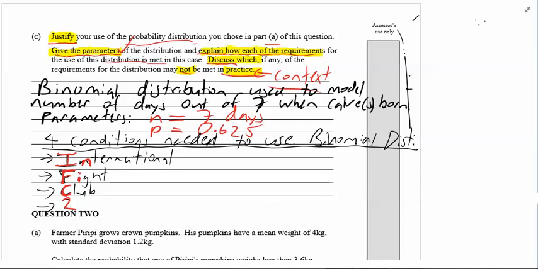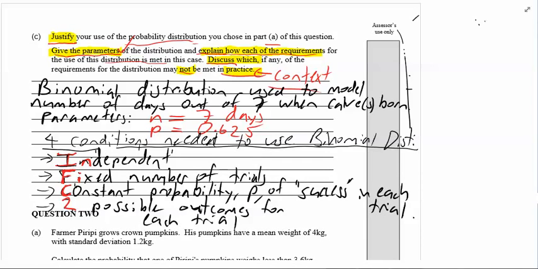The in part of international is for independent. The fi in fight is for fixed number of trials. The c in club is for constant probability p of success in each individual trial. And the 2 is to remind us that there are 2 possible outcomes for each trial, which is where the bi in binomial comes from.